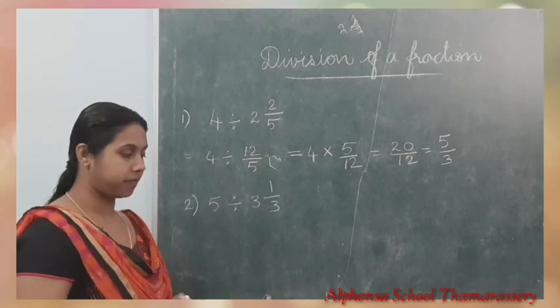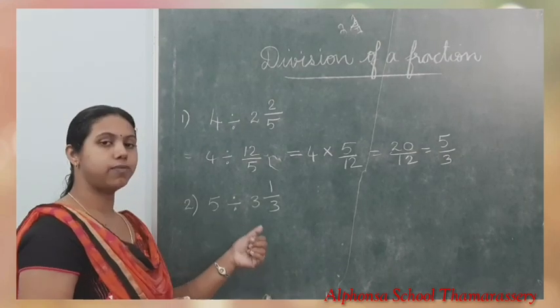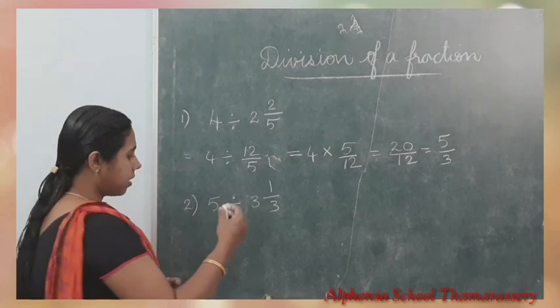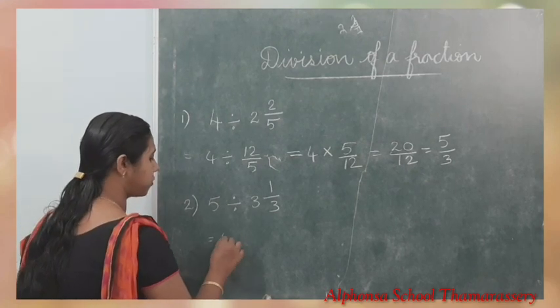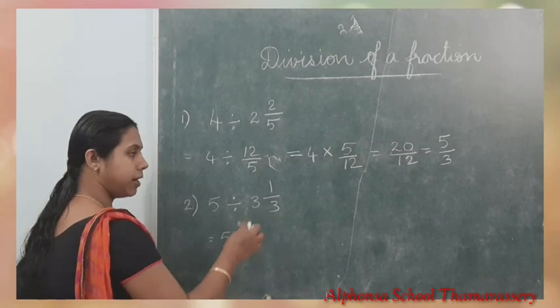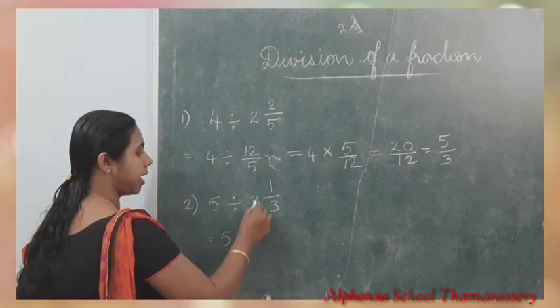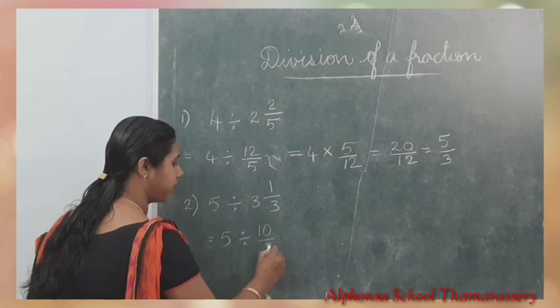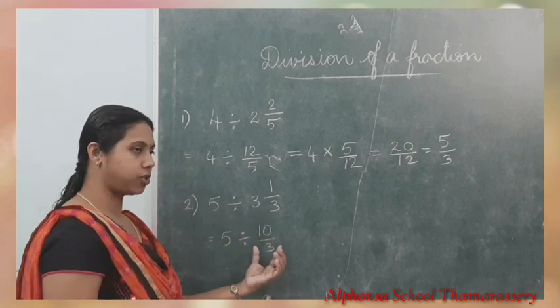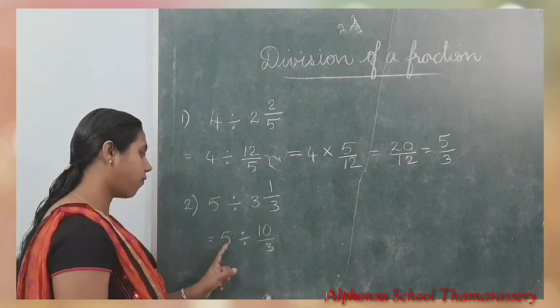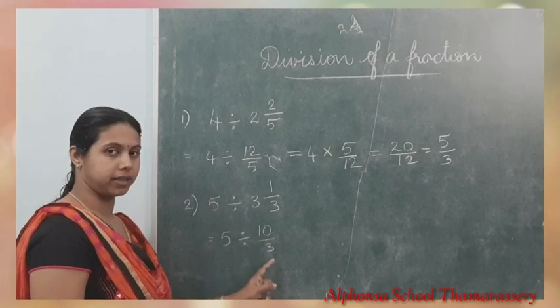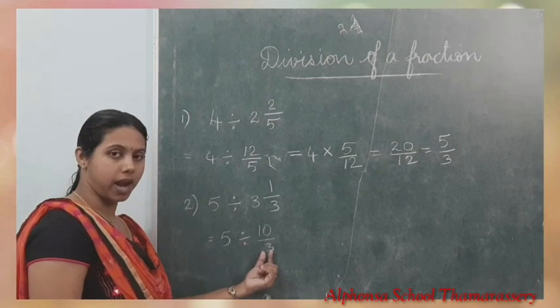See one more question. 5 divided by 3 1 by 3. Here, first you have to change the mixed fraction to an improper fraction. So 3 3s are 9, 9 plus 1, 10 by 3. So the mixed fraction, first we change it to an improper fraction. Now 5 divided by 10 by 3, a whole number divided by a fraction.